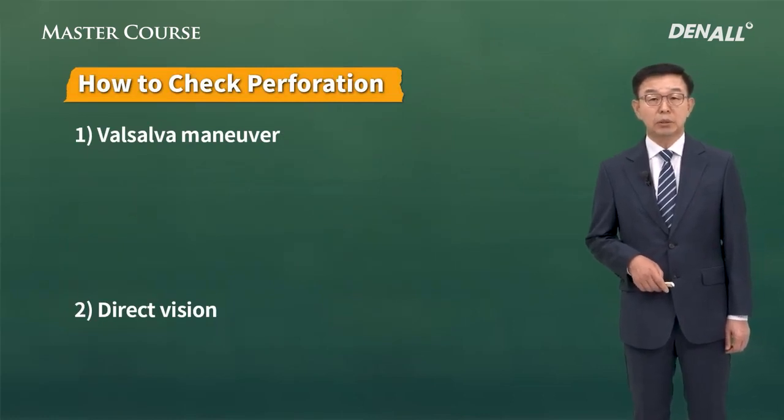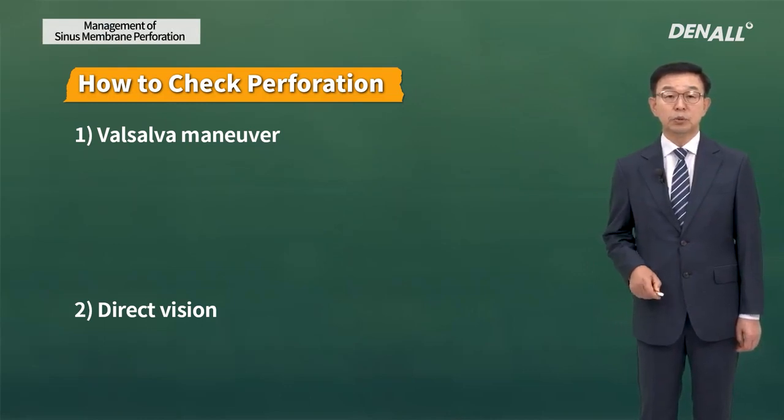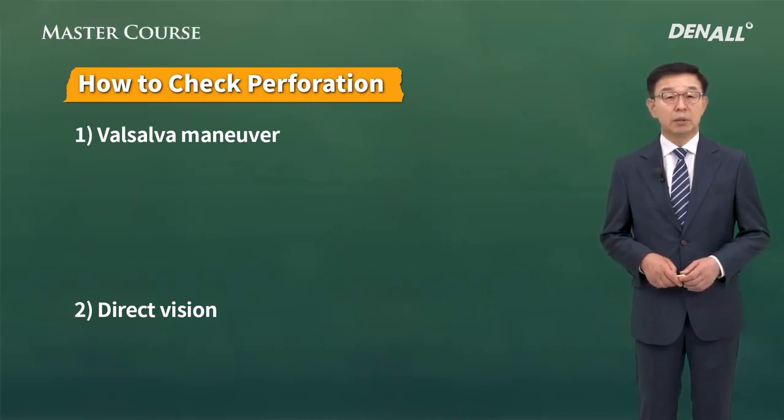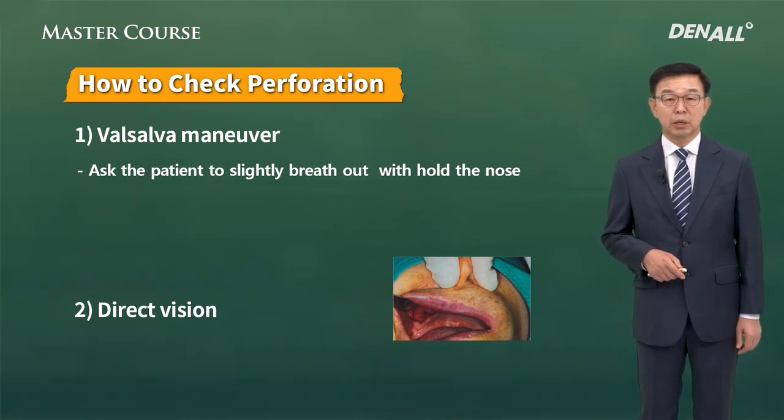So how can you observe sinus membrane perforation? When you do lateral window approach, you can visually see it. If you can't really see it, you can use the Valsalva maneuver. You can ask the patient to slightly breathe out while holding the nose.